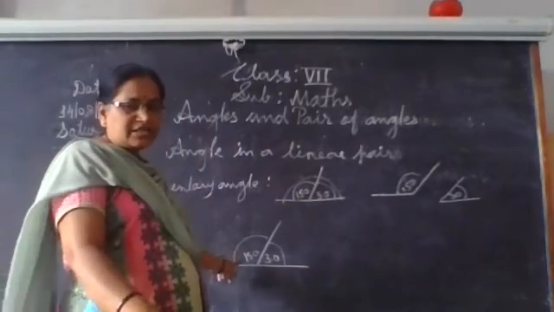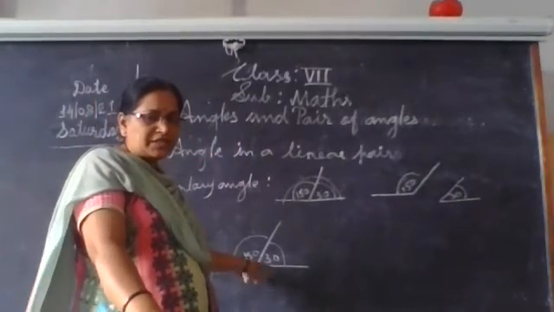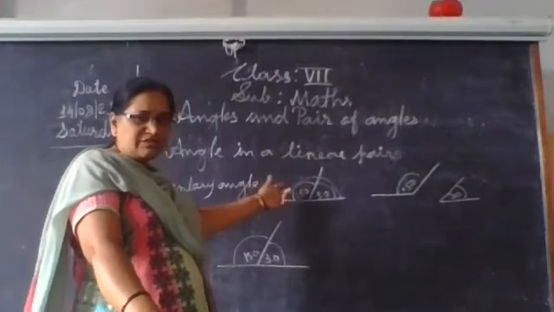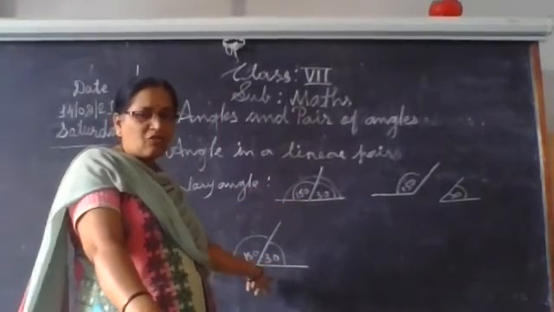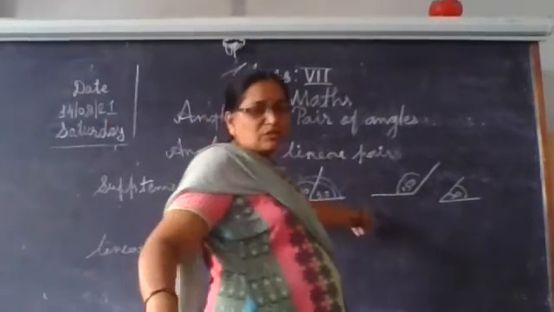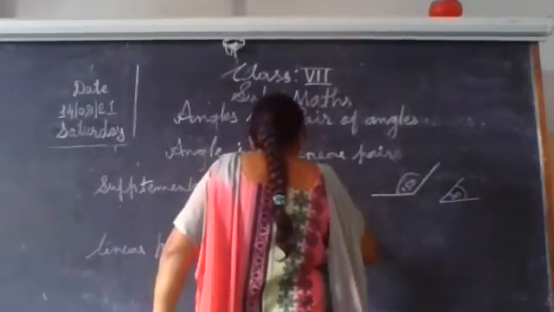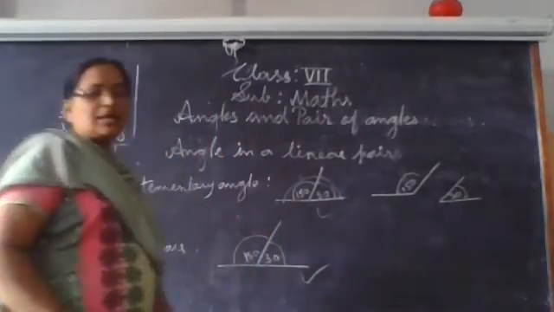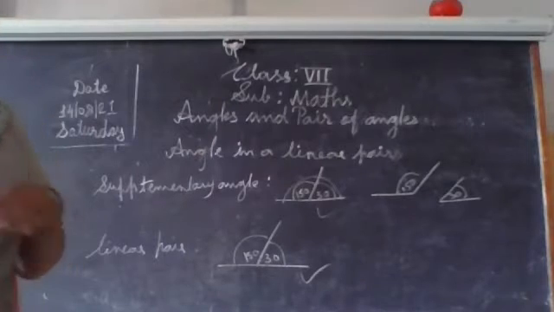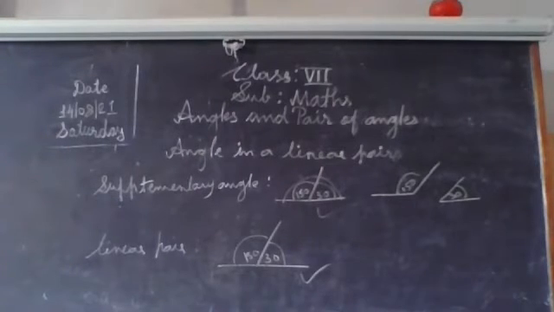See, this angle is of 150 degree, it is 30 degree. Here also, it is 150, it is 30. The sum is 180. Here also the sum of two angles is 180. But these angles are known as linear pair.